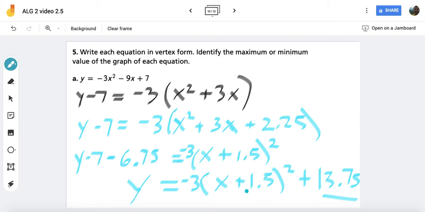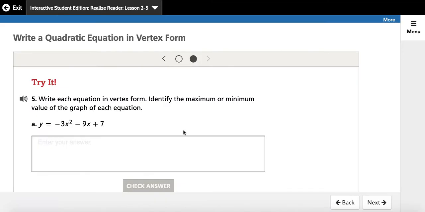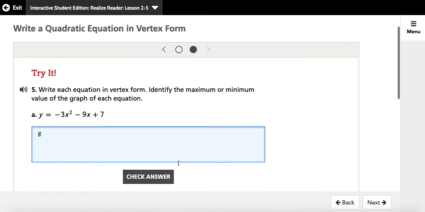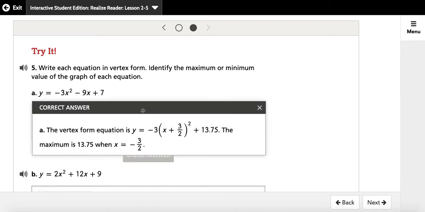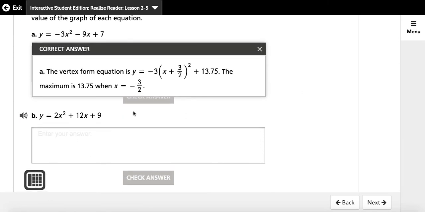The vertex is at negative 1.5, 13.75. And they want us to graph it. I think I'll skip the graph and just go to theirs since I've run out of space. No, they didn't graph it. But you should be able to graph it, especially what you learned earlier in this chapter on how to graph equations.